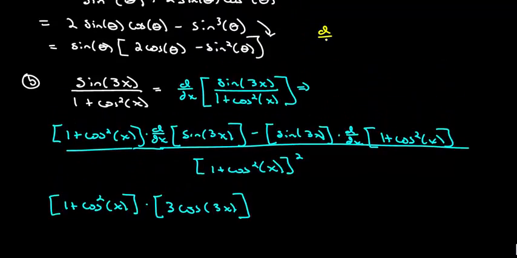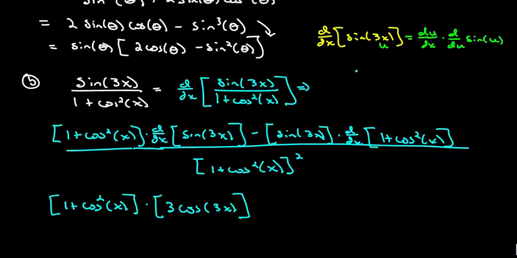If you have d dx sine 3x, and you let this guy inside here be u, then what you've got is du dx times d du of sine u. It's chain rule right here. So du dx, the derivative of this with respect to x is 3. So that's this guy right here. D du of sine u is cosine u. And we know that u is 3x. So this is 3 cosine 3x. That's where this guy right here comes from.